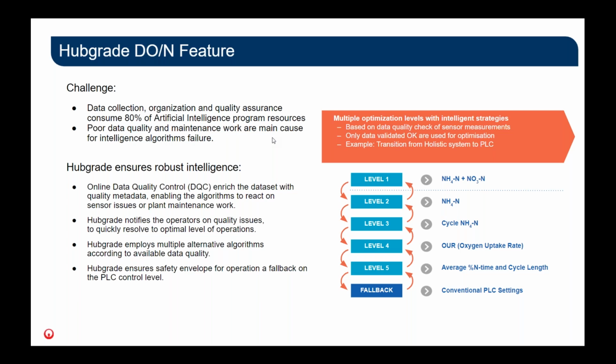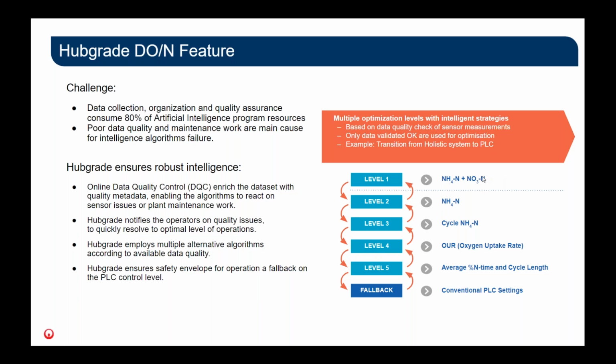That is all optimized, all accommodated automatically by the system with that online data quality control. The operator is notified when any such instance is noticed by the system, but it will automatically have multiple fallback positions to enable the system to be as optimized as possible based on all of the information available to it that is suitable and regarded as quality data to be used in the algorithms that are controlling and determining the new set points.